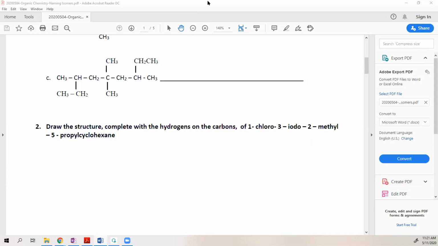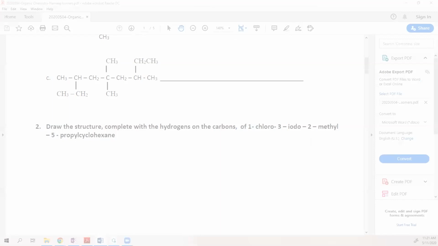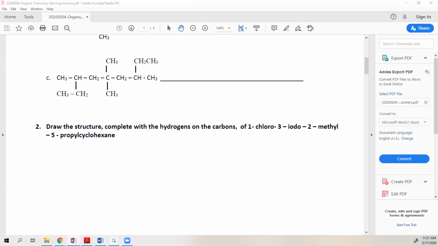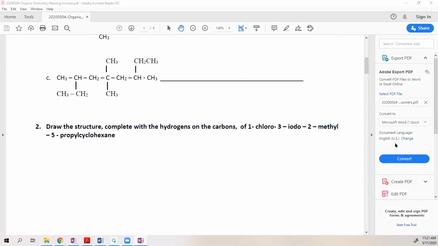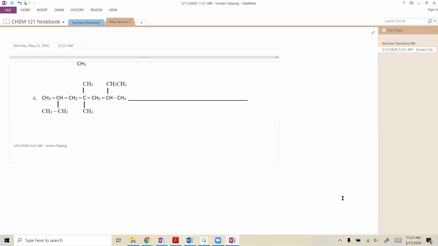Very good. So if we pull this up. All right, let's get this. So if we're looking at our carbons here, right?